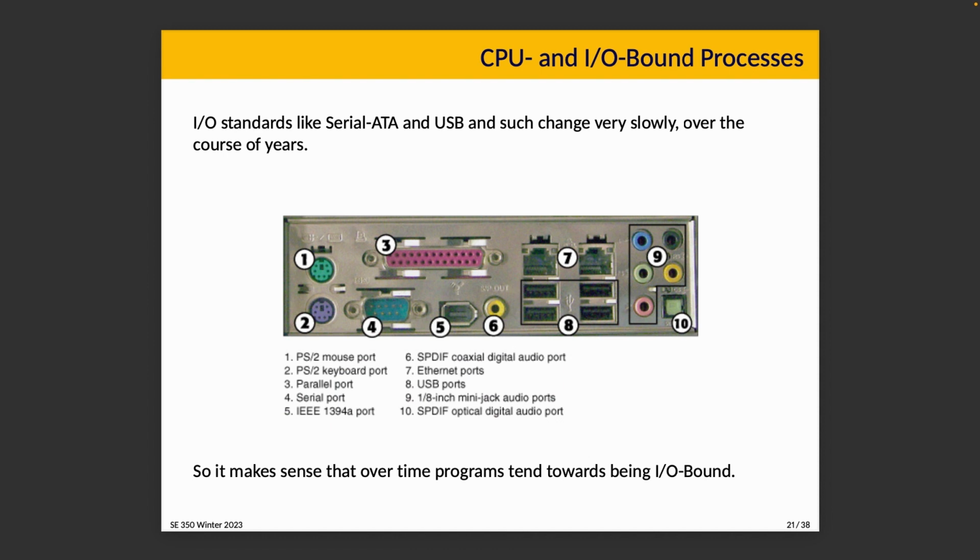Just take a scan over this and tell me how many of these connectors do you recognize, and how many of them have you used? Here's a picture from the back of a motherboard. It represents a lot of different connectors, and over time a lot of them have migrated, if you will, to USB.